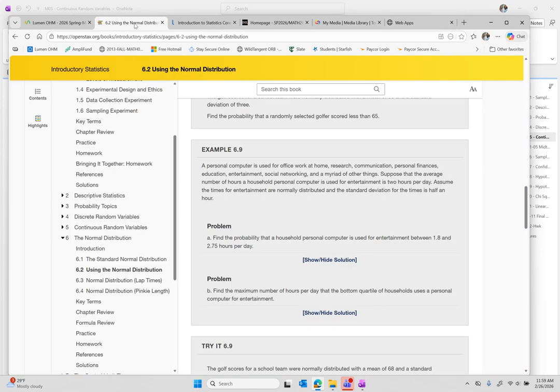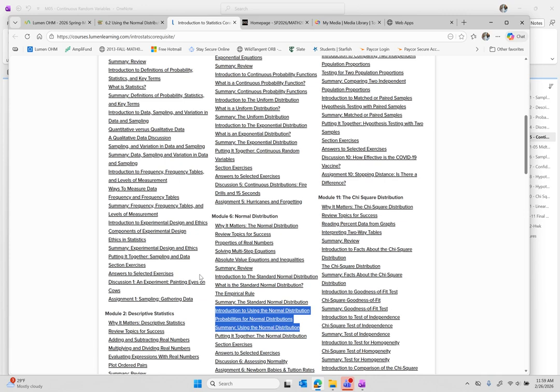As a reminder, we can see these examples in the OpenStax Introductory Statistics book in section 6.2. We will start with example 6.9 in this video. And also in the Lumen Intro Statistics with Corequisite book, we are in module 6 under Introduction to Using the Normal Distribution.